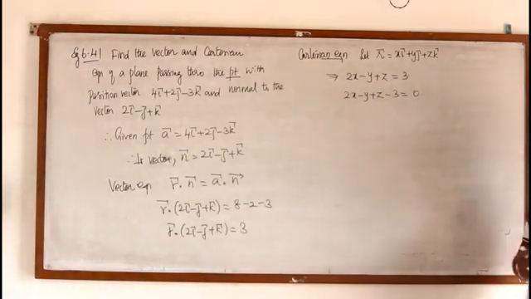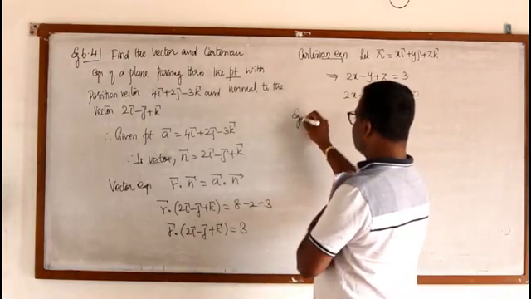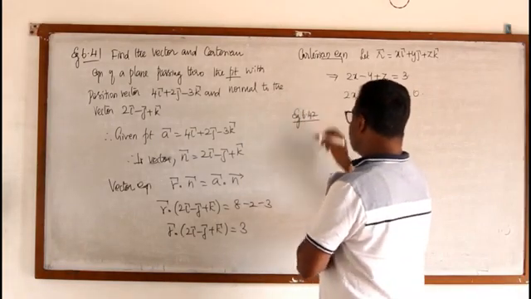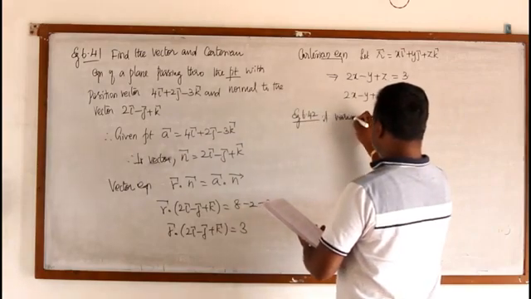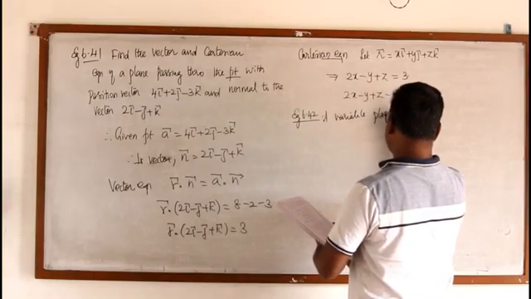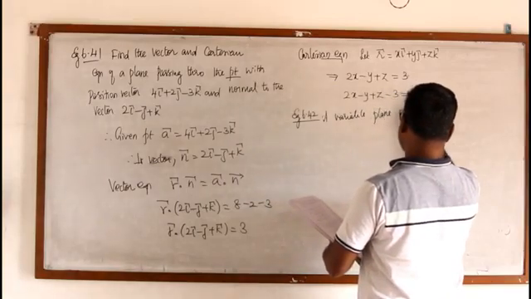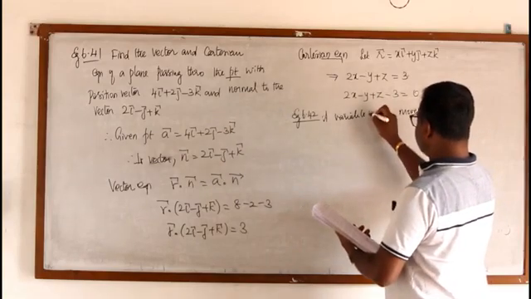This is the Cartesian equation. So with that, this example is over. Now example 6.42. A variable plane. That means a plane is moving, a variable in a plane.